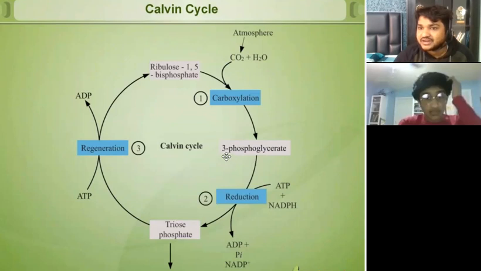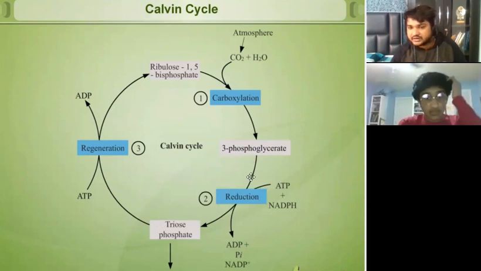This is basically for one, but here it is two molecules. For the carboxylation, I told you, two molecules of PGA are formed. So for the two molecules, it would be two ATP and two NADPH. But here they are going to combine, so you don't need to take two here because they have already combined together.